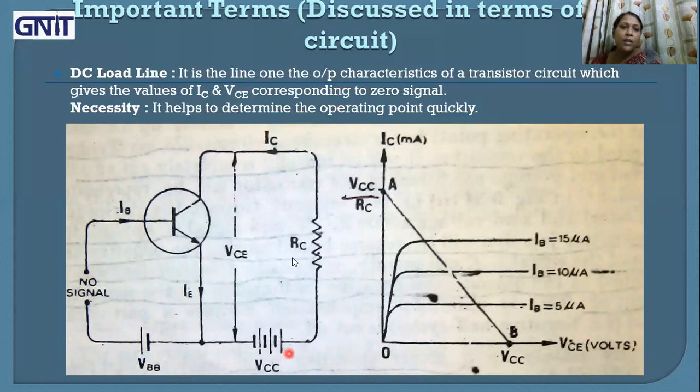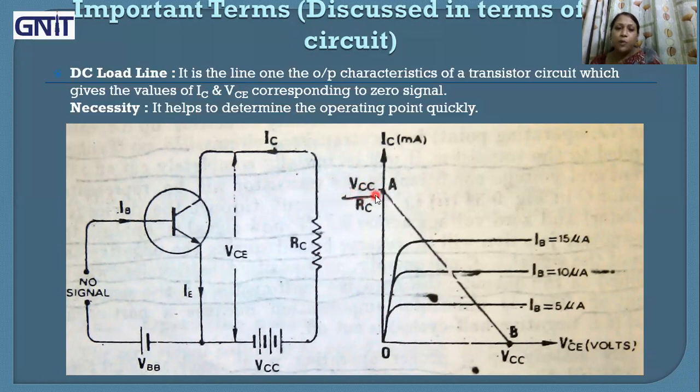This is the formula at the output loop. Now, if we put IC equals 0, then VCE equals VCC. If we put VCE equals 0, then IC equals VCC by RC.